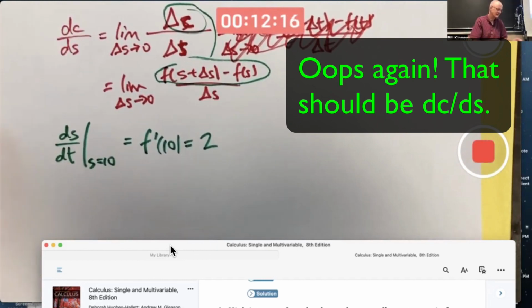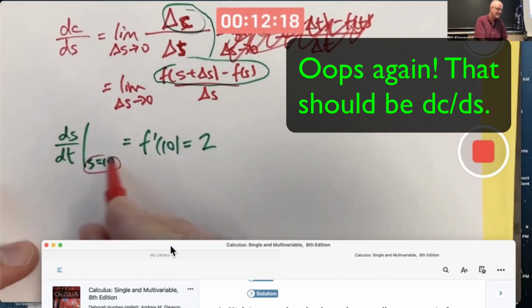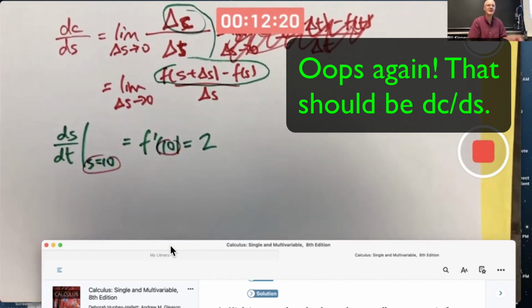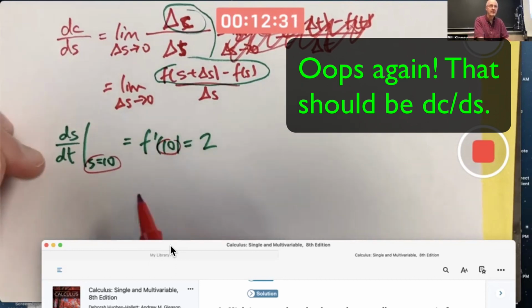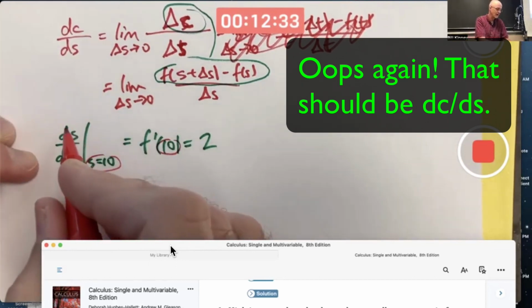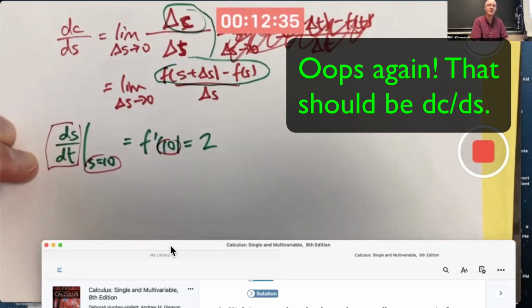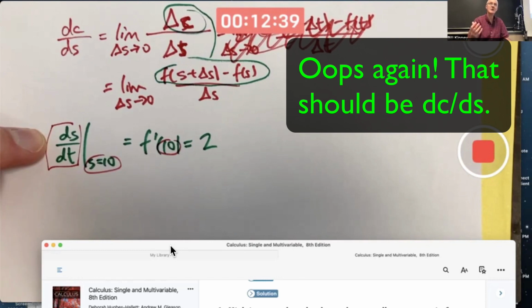The input, 10, is still a value of s. It's still a download speed. The value of this derivative is in units of the derivative itself, which, since I'm using Leibniz notation over here, I'm trying to remind you that the units are units of s per unit.